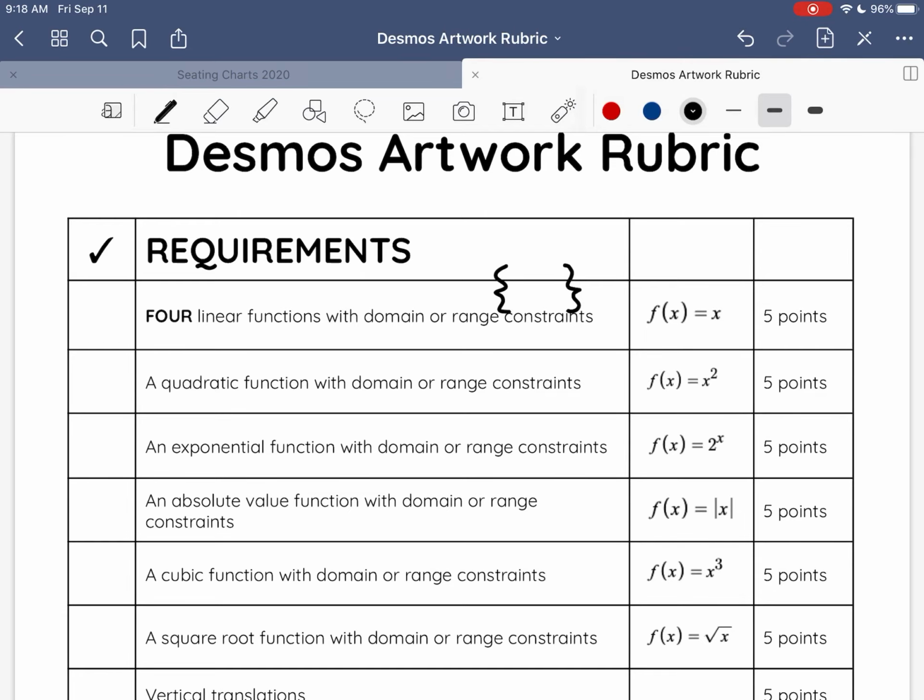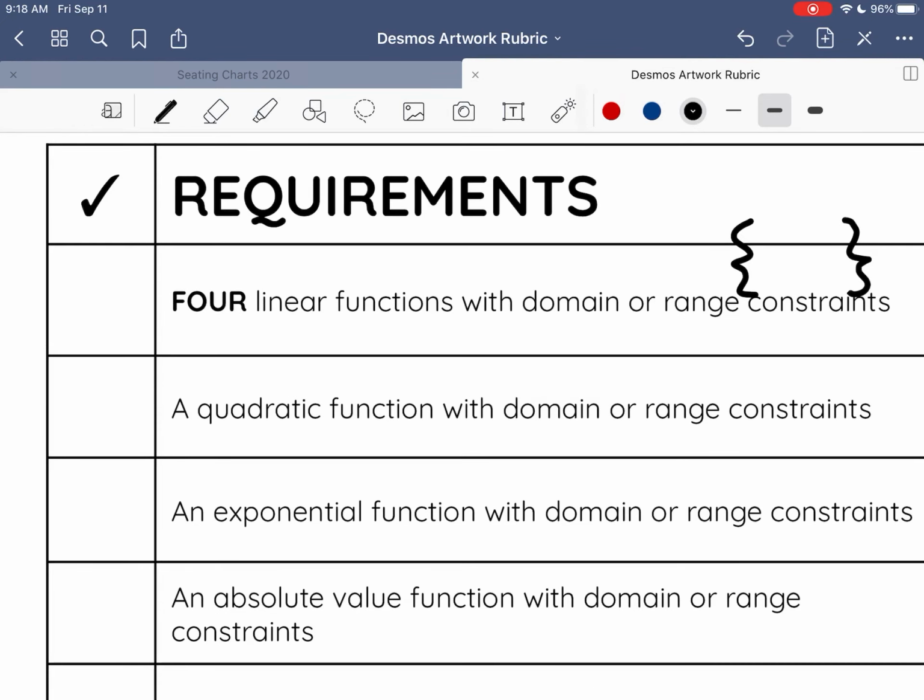Linear functions start with this parent function here, y equals x, or f of x equals x, since they're the same thing. And you can use all the transformations on that parent function to get your lines. However, remember that linear functions are just y equals mx plus b.